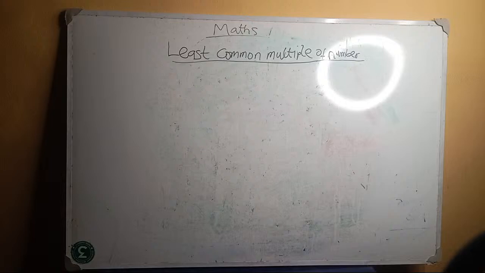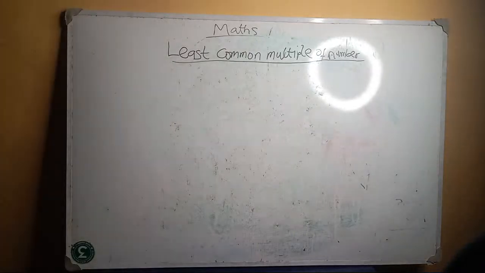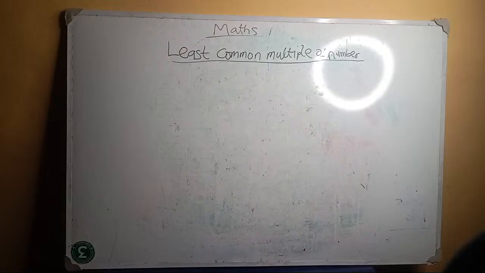So that's why we come live sometime to give our kids the best things they're supposed to know on mathematics. If you're in primary 2, primary 3, primary 4, you're supposed to know at least the basic aspect of things. That's why I say this video is for kids. If they want to learn mathematics, let them come closer with their pen and their paper.